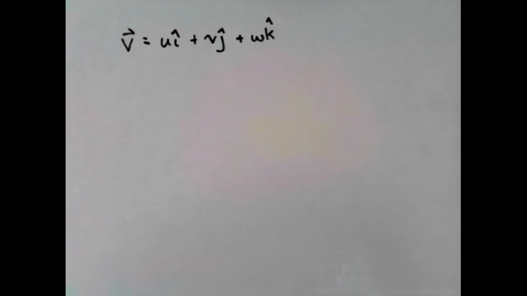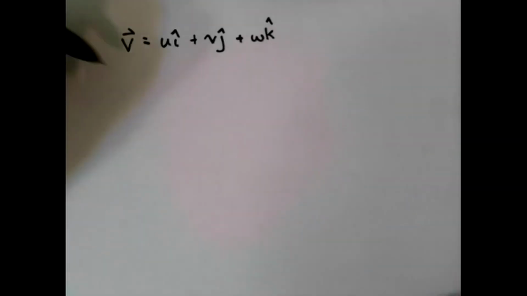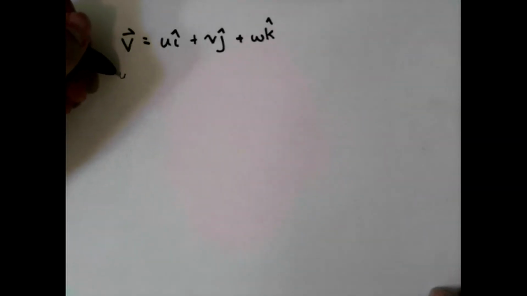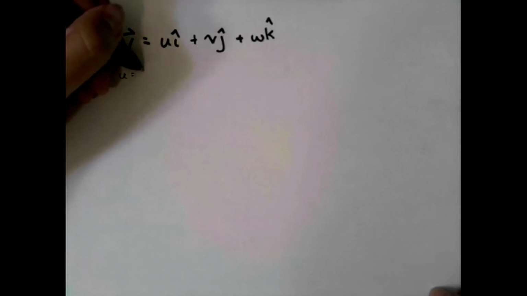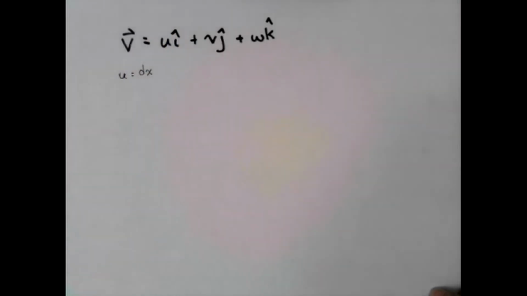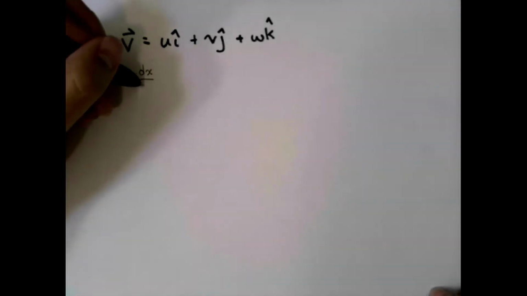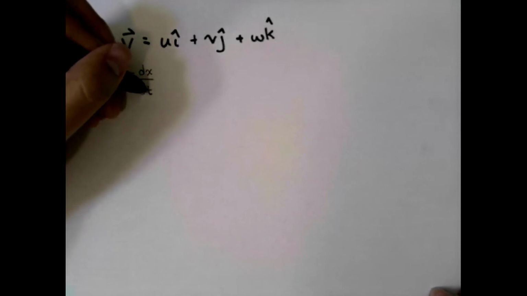Okay, good. Those are essentially unit vectors that point in the X, Y, and Z axes, respectively. So if I call the X component of the velocity U, that means I can find U by taking the derivative of the X position of a particle with respect to time.